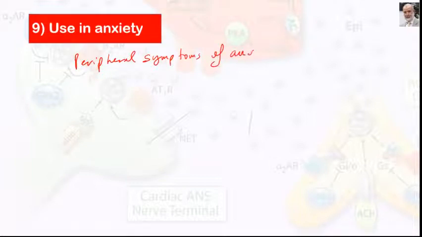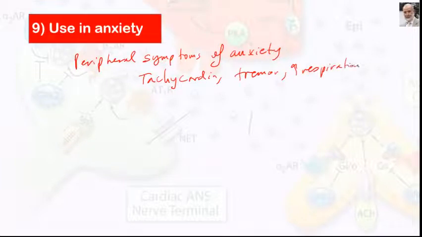It was found that beta blockers are helpful to decrease peripheral symptoms of anxiety, including tachycardia, including tremor, including increased respiration, etc. This use of beta blockers will help the patient to stay calm in situations needing mental alertness, as in the cases of oral presentations or oral exams.